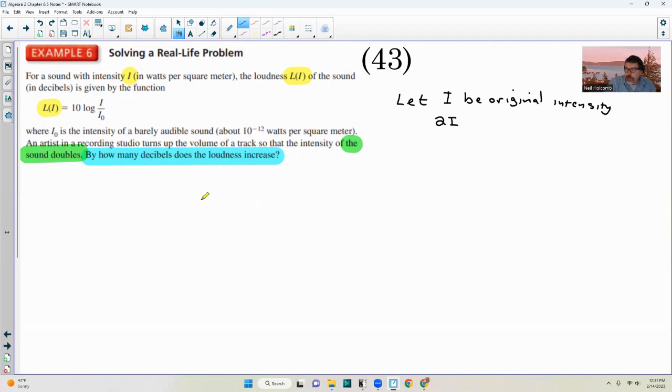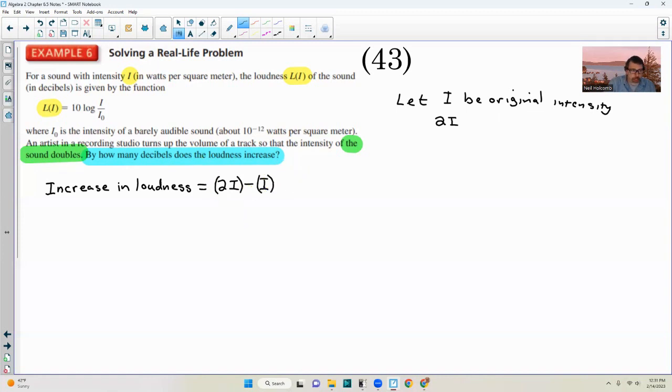So we need to write a formula. The increase in loudness, which is what we're trying to find, equals the 2I, what we increased it to, minus the initial volume or loudness, and that will equal the decibel increase.